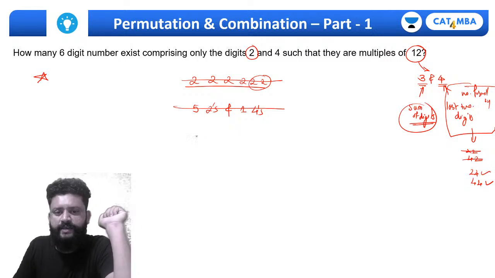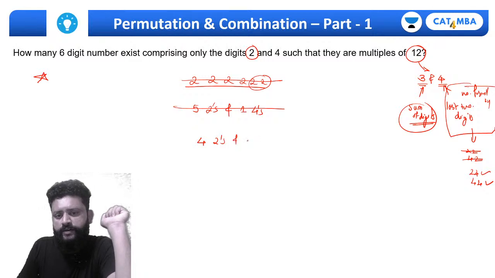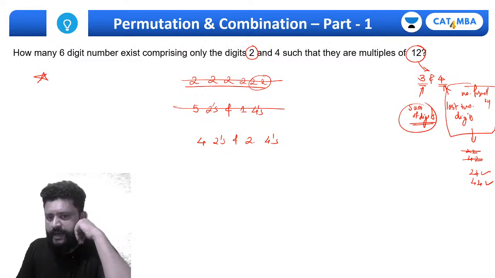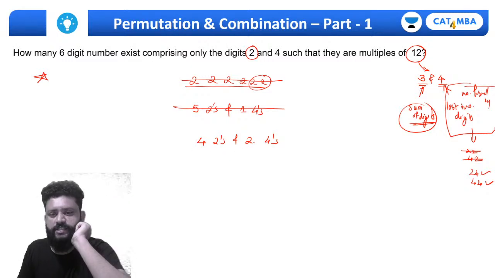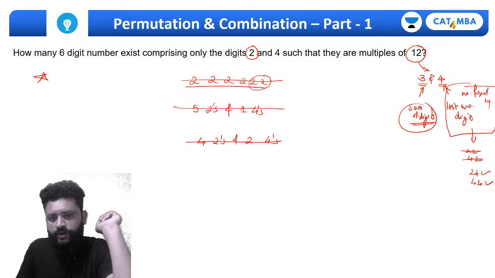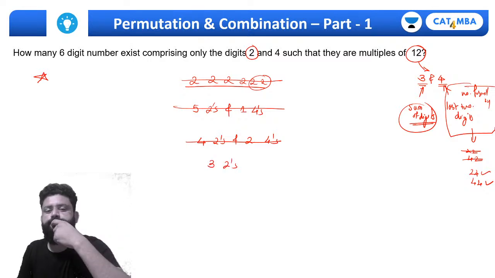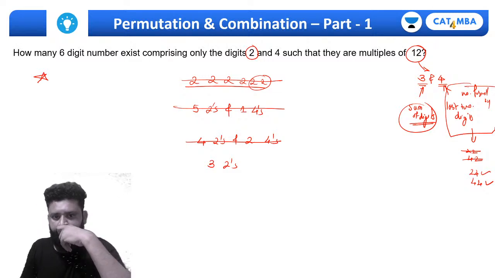So let's try for the next thing. Can we have 4 twos and 2 fours? Is it possible? 4 twos are 8 and 2 fours are 8, plus 8 is 16. Not possible. Can we have 3 twos and 3 fours?